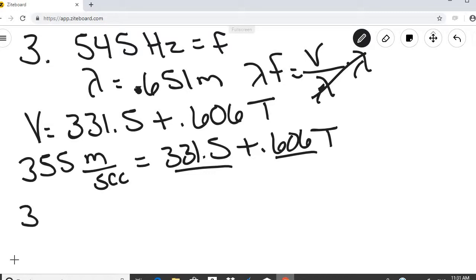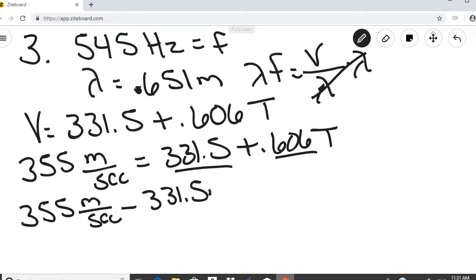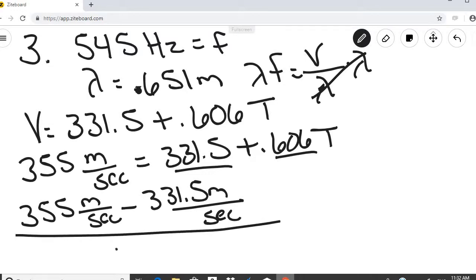So 355 meters per second minus 331.5 meters per second, divided by 0.606 will give us t.